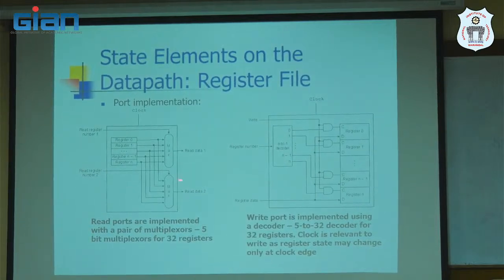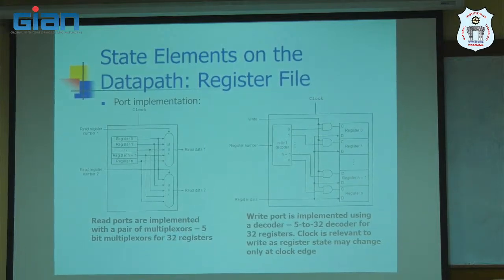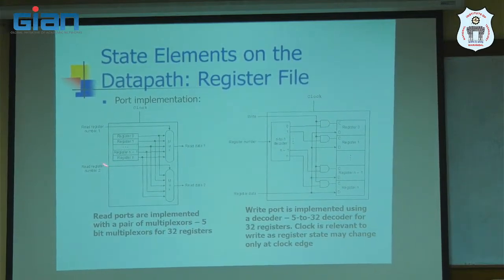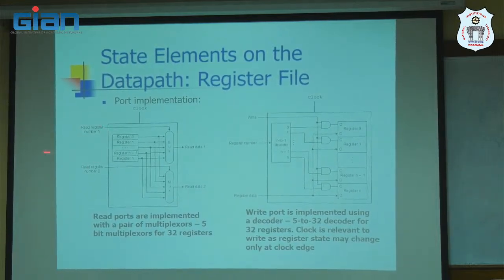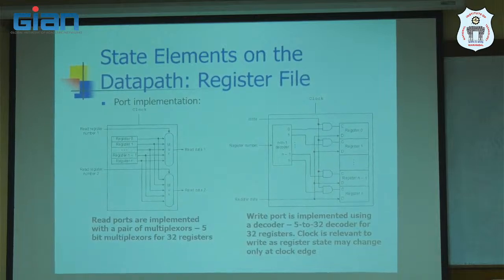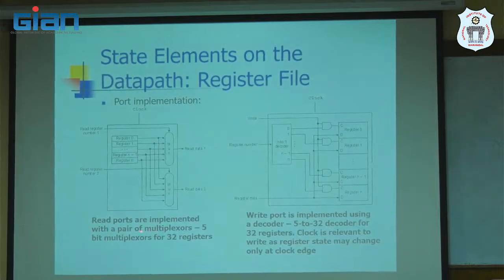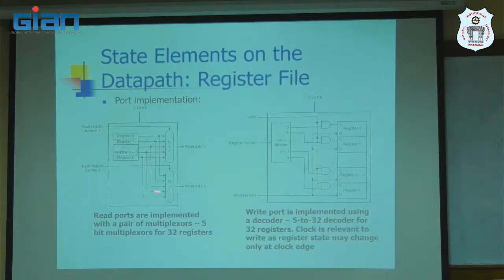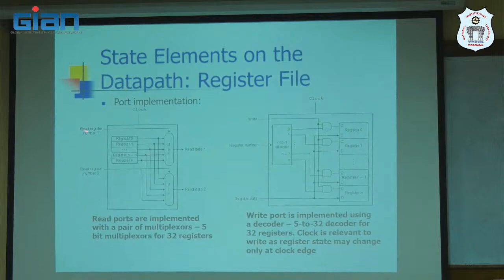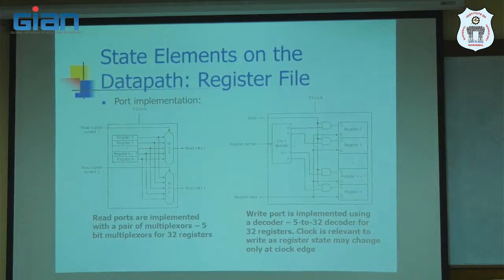So by using these two selection inputs, you can select one register here and another register there, two registers at a time. Here the second register selection address. So read ports are implemented with a pair of multiplexers, 32:1 data selectors with 5-bit selection inputs for 32-bit registers.